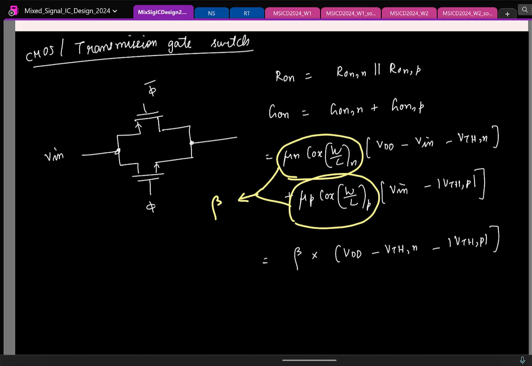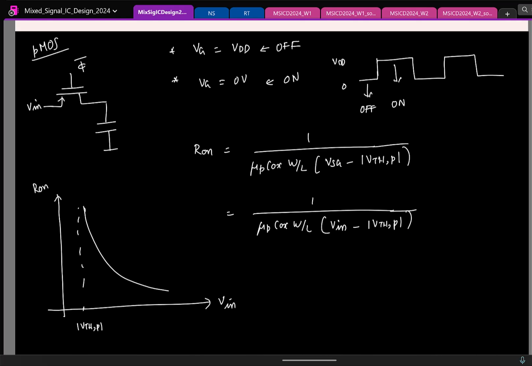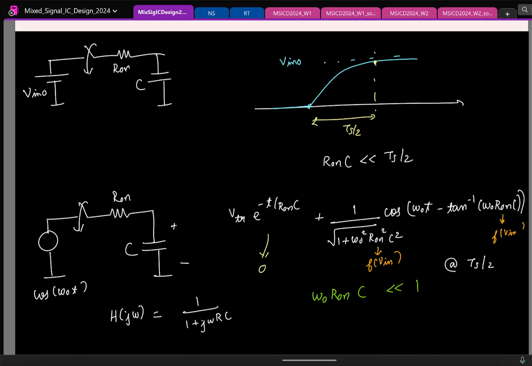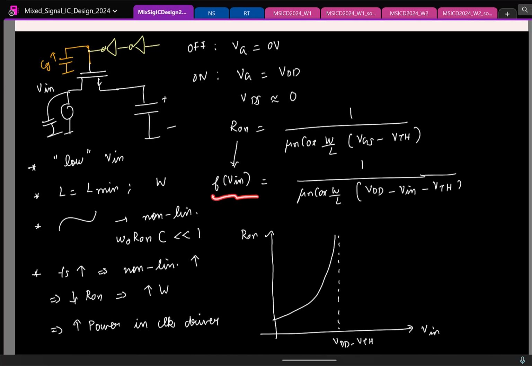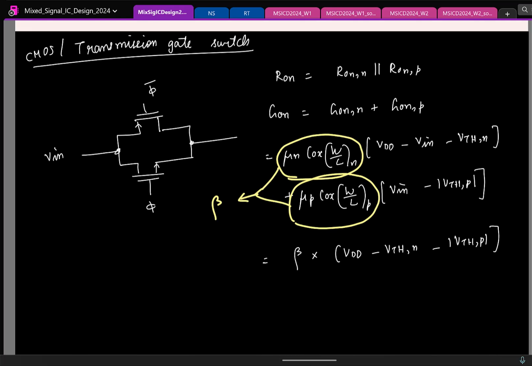So here, if I change the input voltage, do you think the on resistance changes? No. My on resistance is not depending on the input. Is it a good thing or a bad thing? Good thing, because earlier for an NMOS switch, since my on resistance was dependent on the input voltage, I had nonlinearity, right? So here it seems like I've gotten a nice candidate whose on resistance is independent of the input.